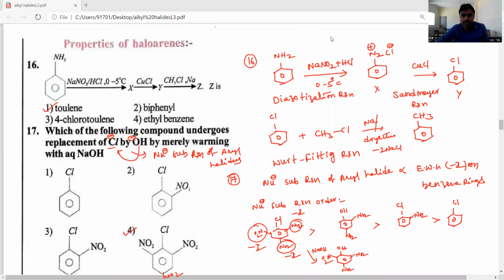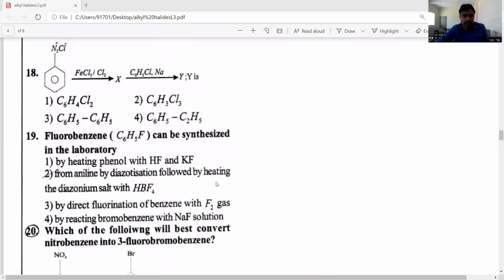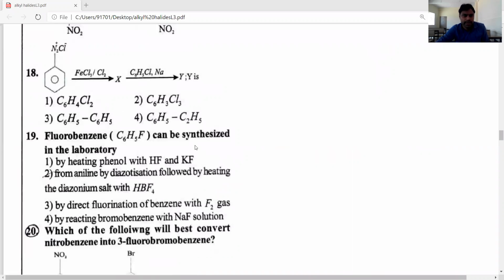Okay, let's go for the next question. Eighteenth question, it's very easy. See here, they gave FeCl3. It is wrong, dear students, not FeCl3, it is CuCl. Then X is the Sandmeyer reaction, first one.